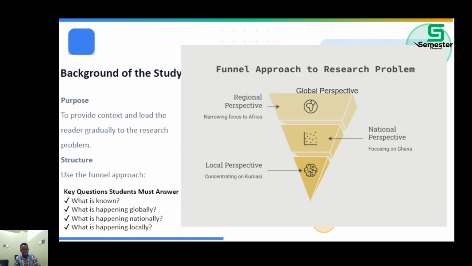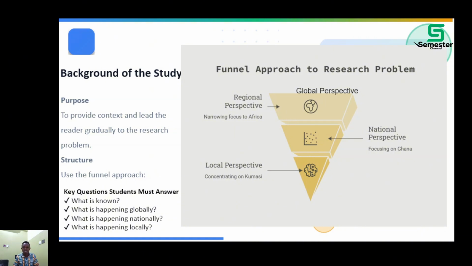So you look at the estimates, the burden of malaria across all these levels I've spoken about, and then you zoom in or focus on the national perspective. We are currently in Ghana, so we are looking for the estimate of malaria burden in the country. Generally, what do we know about malaria in Ghana? You put forward the estimates, and then you zoom into the local perspective, concentrating on the region or the community in which you find yourself.